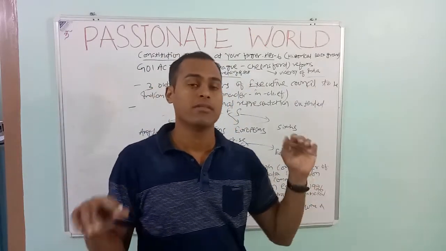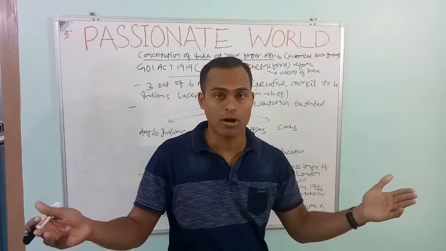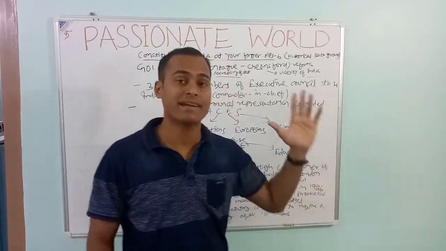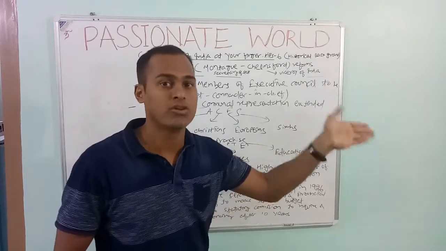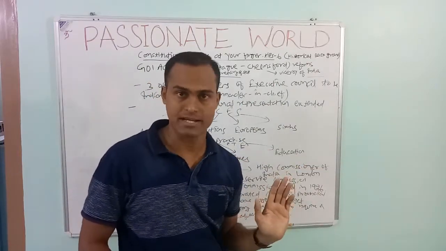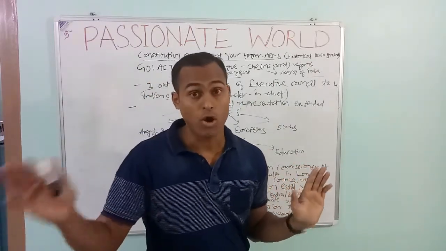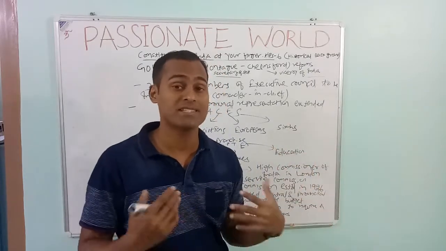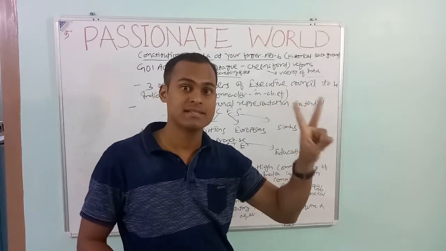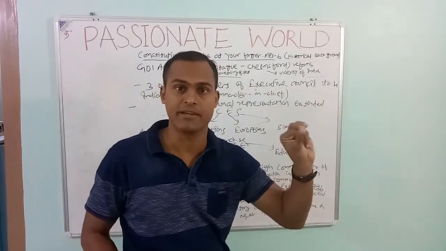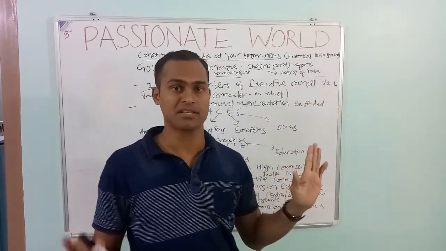Then the further extent of communal representation, that is ACES: Anglo-Indians, Christians, Europeans and Sikhs. Then the franchise was on the basis of property, taxes and education, that is PT. You easily remember this.